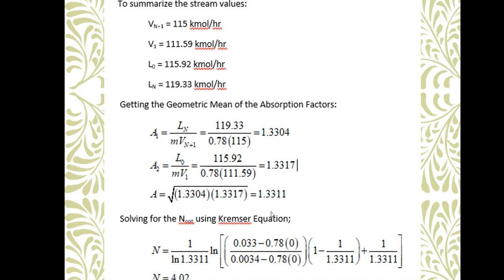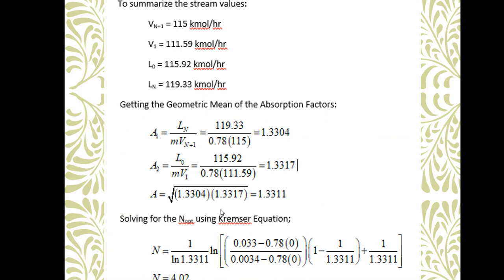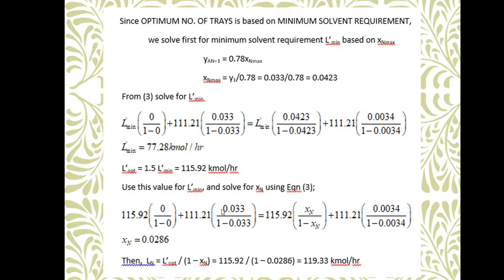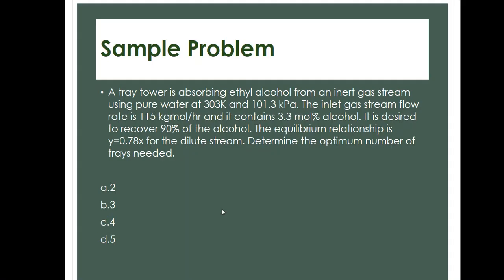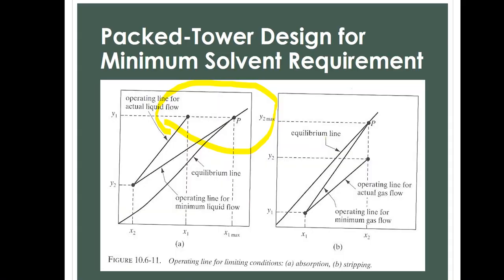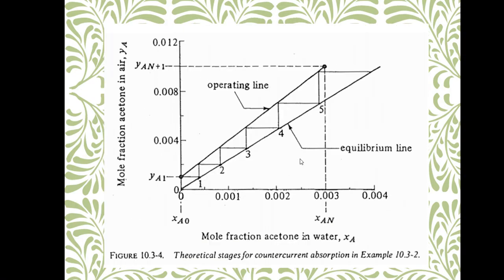And the rest is just a matter of substitution. So go back through the solution, get the values of your streams and substitute in the formula for the Kremser equation. So for today, we have tackled, I think, 4 different ways wherein we can apply the principles of gas absorption, initially for design problems later on, which we will be discussing next meeting.